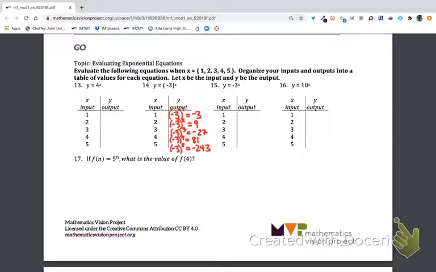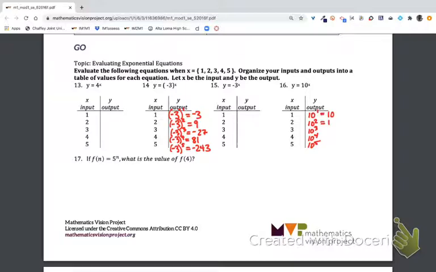For number 16, same exact process, just a different function that we're using here. We're using y equals 10 to the x power. So we can say that we are going to go 10 to the first, 10 to the second, 10 to the third, 10 to the fourth, and 10 to the fifth power.